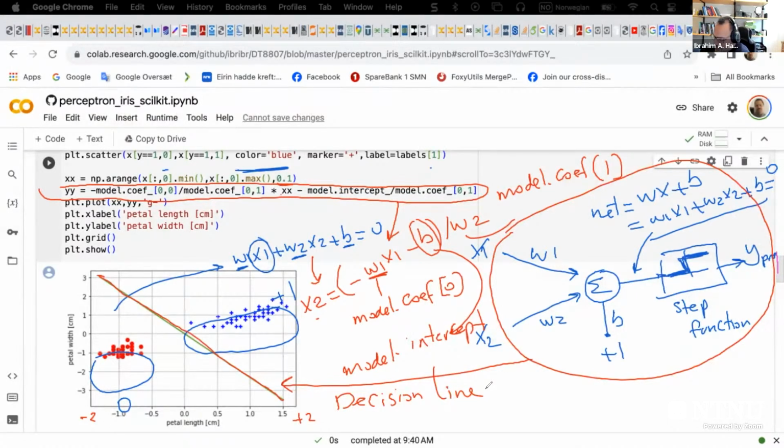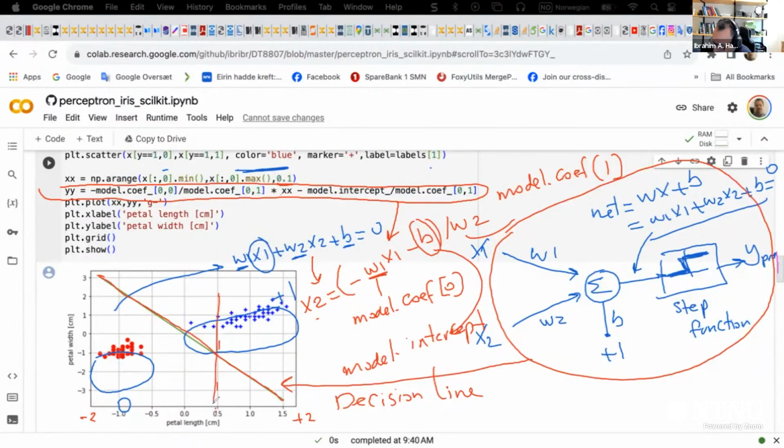If you want to test this model in the future, for example, if you have a new data point, a new species, and someone went to the farm and measured the petal length and the petal width, he got a point, for example 0.5 and 2, a point which is here.